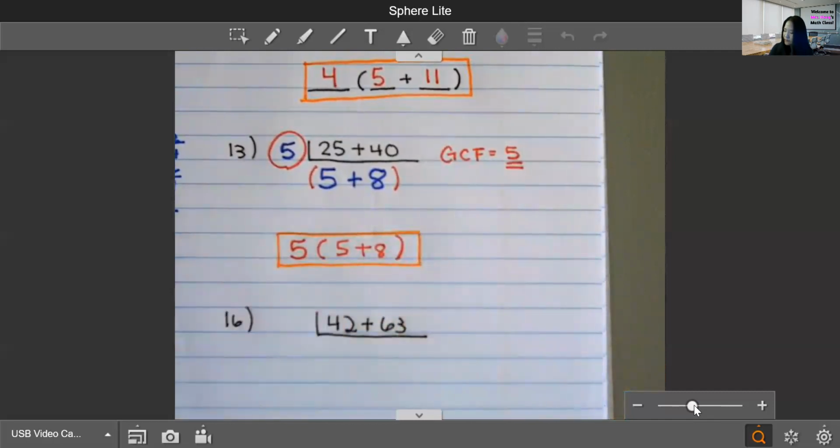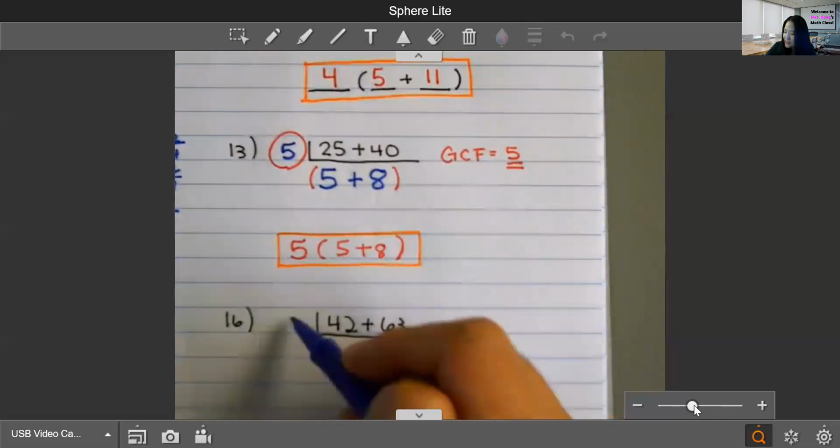Last one, 42 and 63. So I'm trying to think about a couple different common factors, and to me, honestly, the very first one that comes to mind is actually 7, because when I look at 42, I think 6 times 7, but when I look at 63, I know 6 doesn't go into 63, but 7 does.